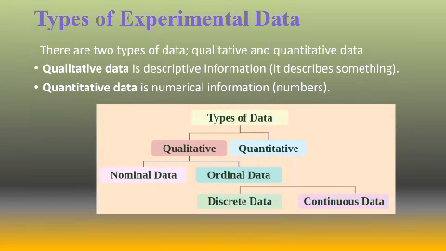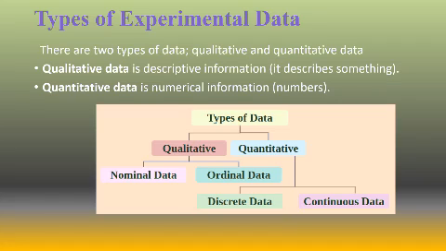We'll move on to our next subtopic, which is types of experimental data. Basically there are two types of experimental data, that is qualitative and quantitative data. Qualitative data simply describes something, so it's descriptive information, and quantitative data talks about numbers, so it's numerical information.